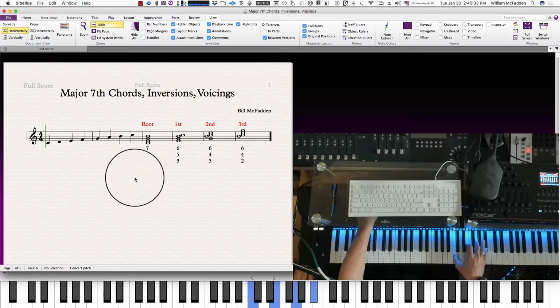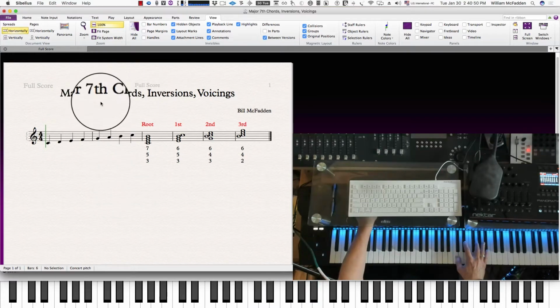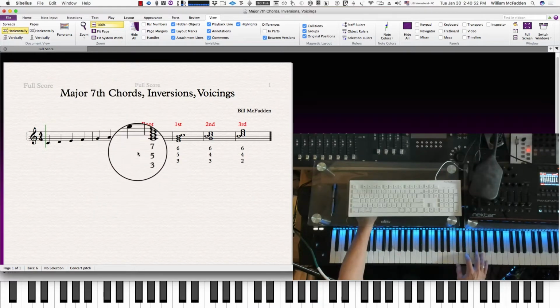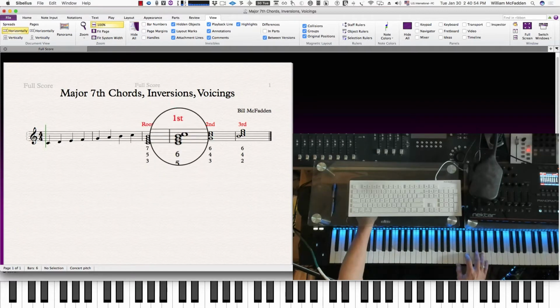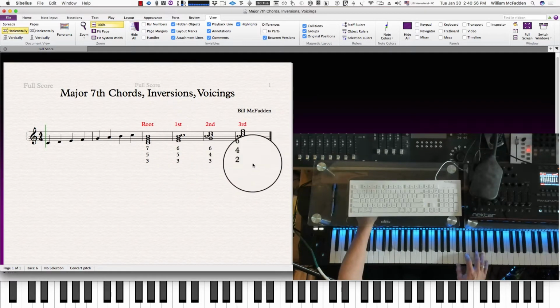So there's a C major 7. And if you take the C minor chord and add the flatted 7, you get the C minor 7. But we're just trying to focus on the major 7th chords for now. And the same ideas of these inversions will apply.